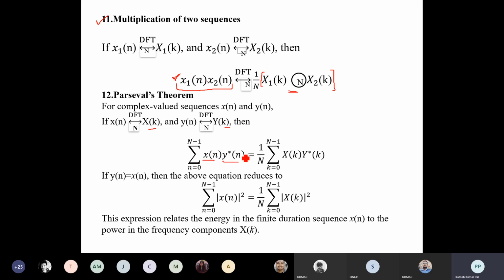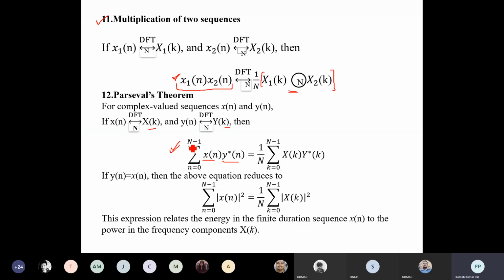It will be equal to 1 upon n times the summation for k from 0 to n minus 1 of X of k multiplied by the complex conjugate of Y of k, which equals the multiplication of the sequences with summation.